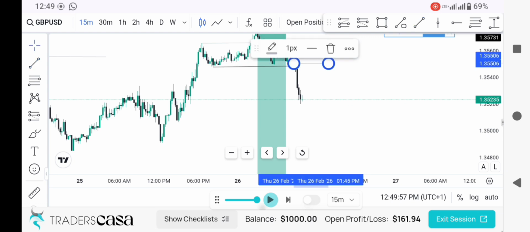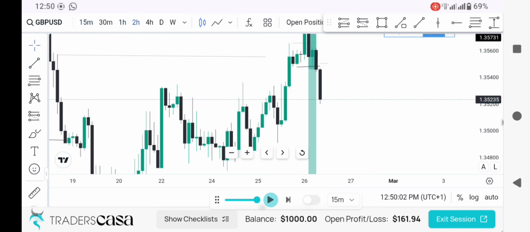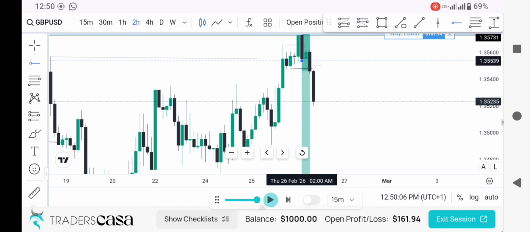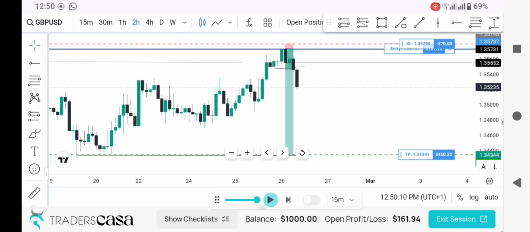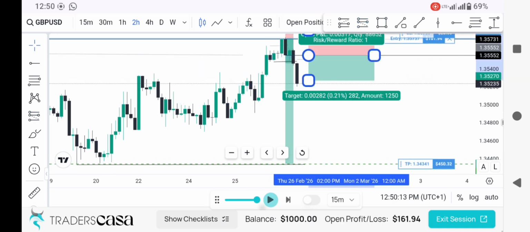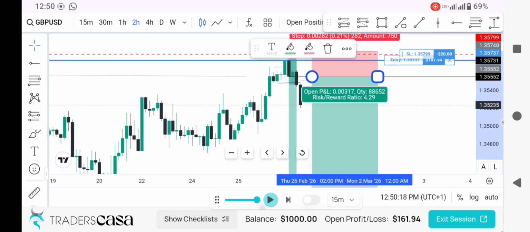Let's check maybe the 1 hour time frame, or maybe the 2 hour time frame. Always check your POIs from the higher time frames. As you can see right now, we have a clean order block right here. Target the external range liquidity.